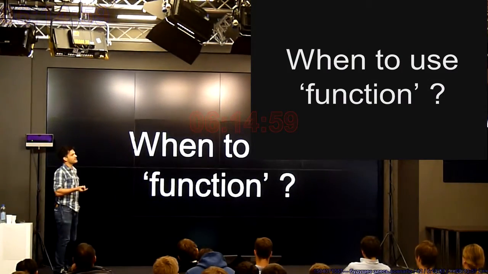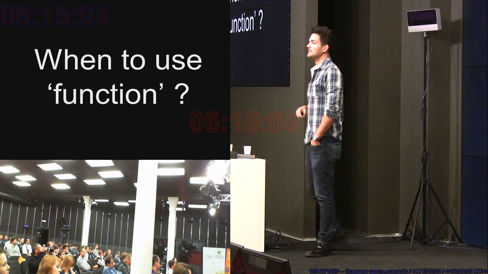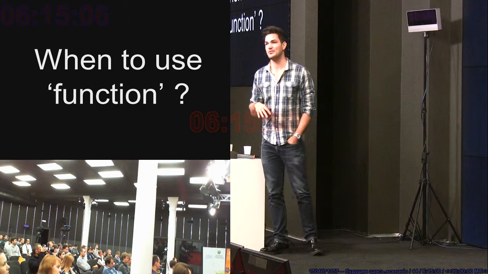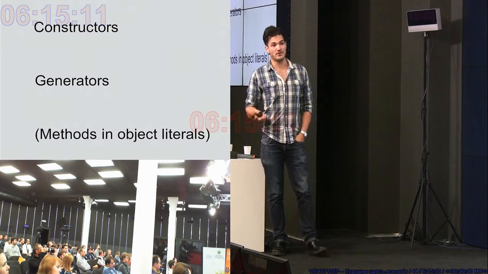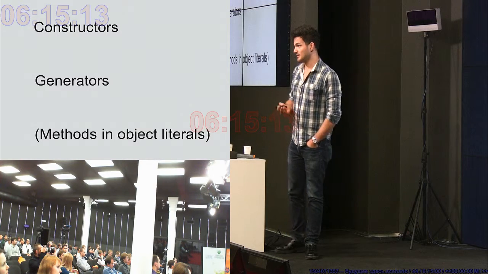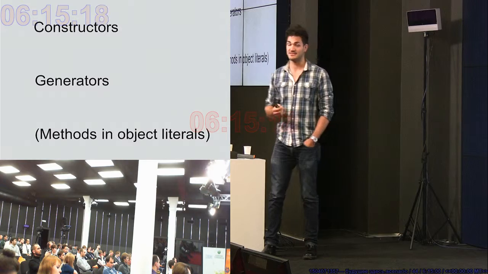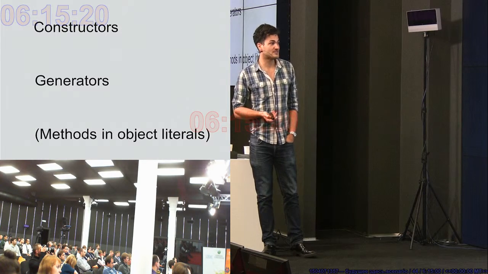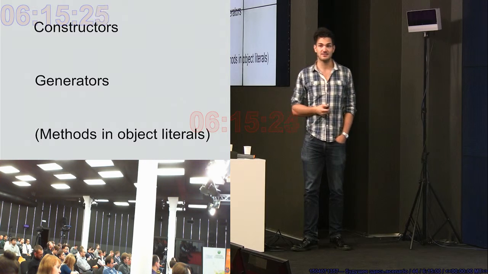So we saw that now you can use fat arrow functions, so you don't need to use the function keyword. But there are still cases where you will use the function keyword. Those cases are when you want a constructor. There are cases where you want to have a constructor in JavaScript, which are like classes. Generators, which is really another feature of ES6.